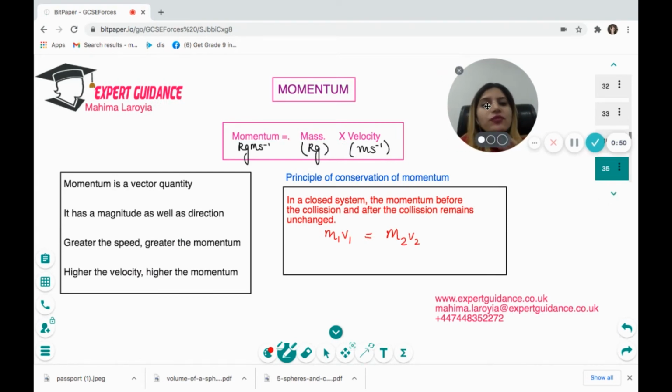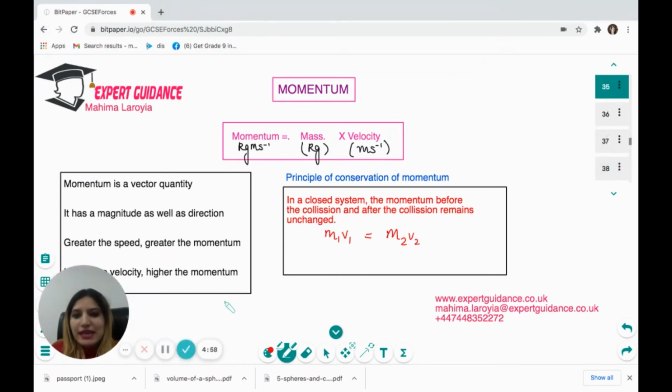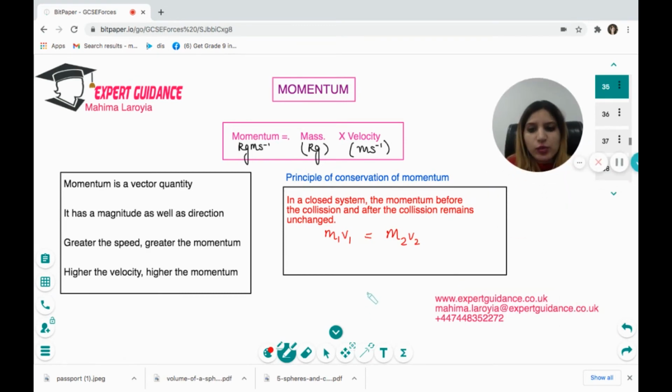Now let us come to a very important concept called momentum. What is momentum? Momentum is the product of mass times velocity, and since momentum involves velocity, it is a vector quantity.